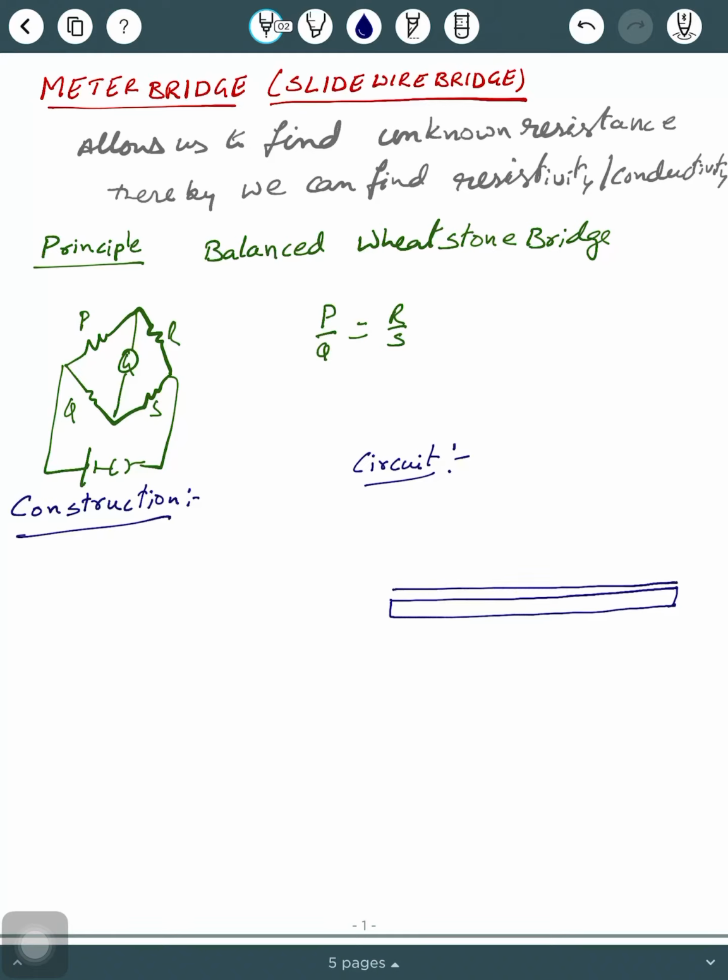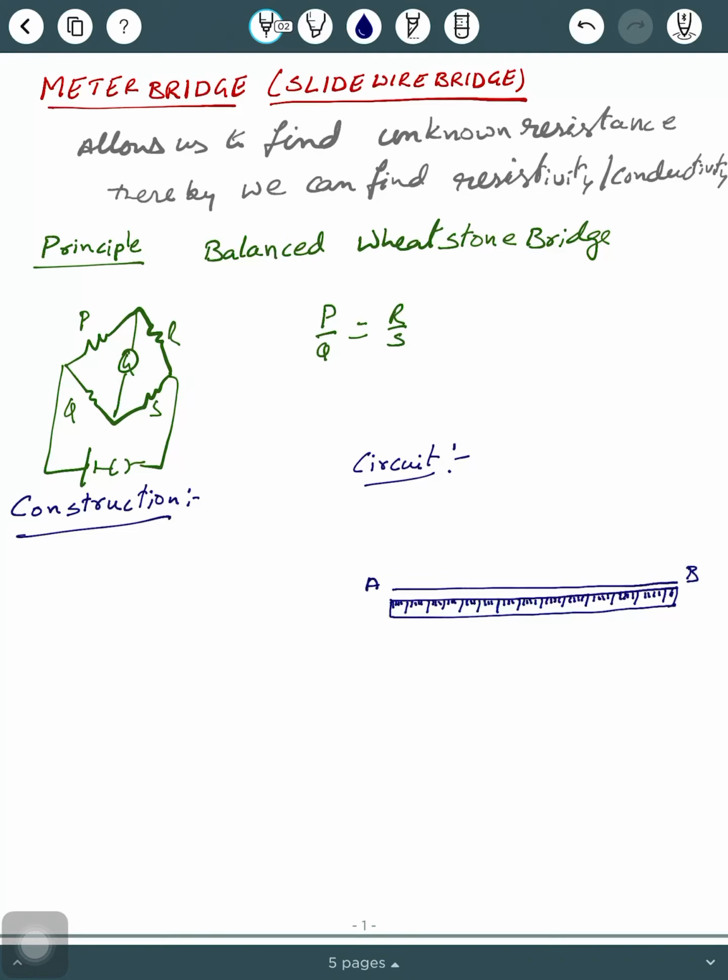To measure its length, or the balancing length, we fix a meter scale along with the wire AB. The wire AB is your alloy wire and the rectangular bar with the markings is nothing but a 1 meter long wooden scale.